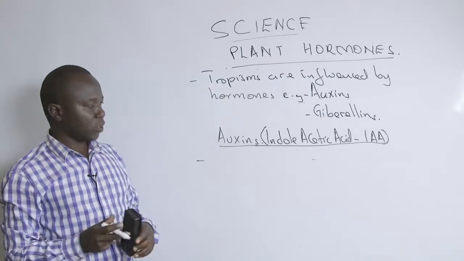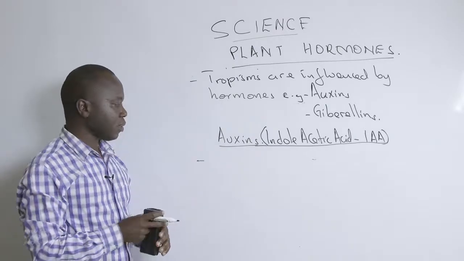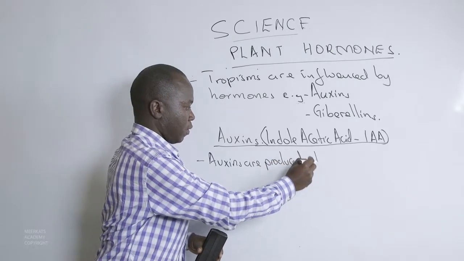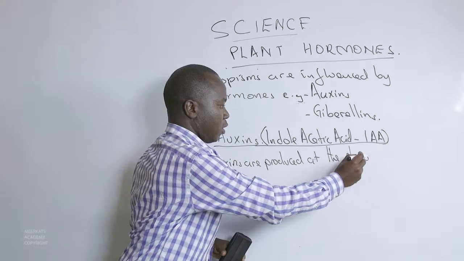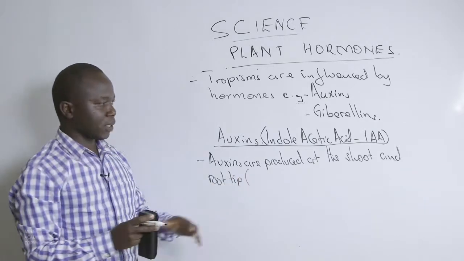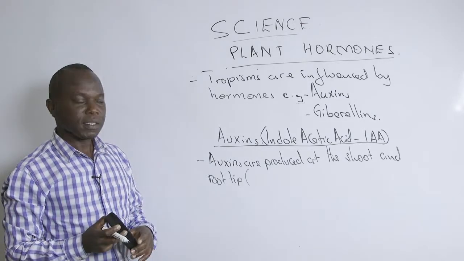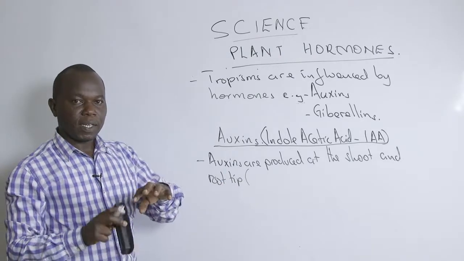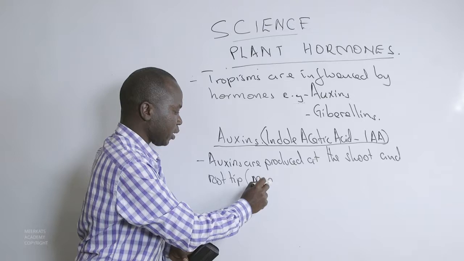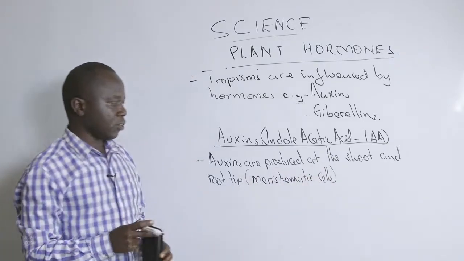So auxins, where is the source? Auxins are mainly produced by plants, specifically in the shoot tip and the root tip. These parts are very characteristic in that they have actively dividing, undeveloped cells, and because of that, they are given the term meristematic cells or meristematic structures.